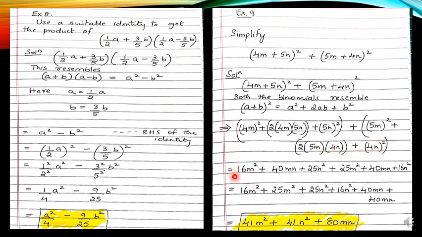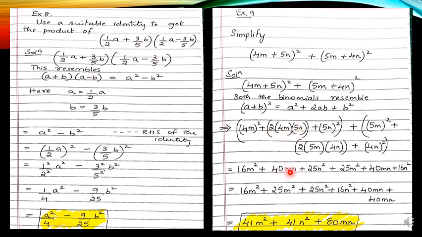Next step, if you simplify, you will be getting 16m square because 4m the whole square. So 4 square is 16. M square is as it is m square. So 16m square plus 5 into 4 is 20. 20 into 2 is 40. M into n is mn.